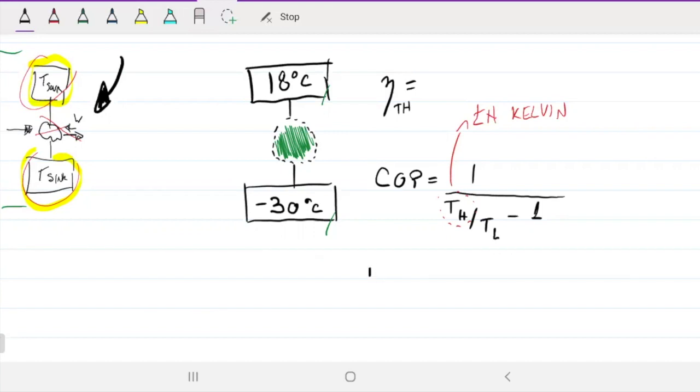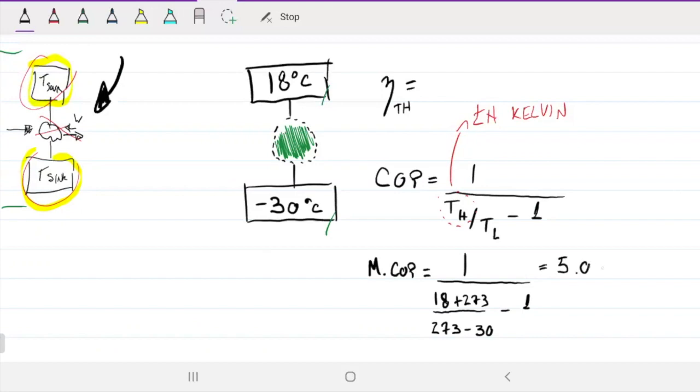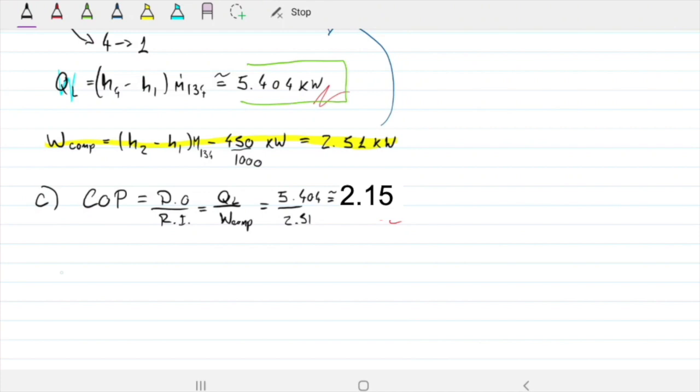The maximum coefficient of performance possible will be 1 over T high, so that's our 18 Celsius water that's taking away the energy, 18 plus 273 to have it in Kelvin, divided by 273 minus 30, and that minus 1. So that's 5.0625. Let me do D so this is not confusing.